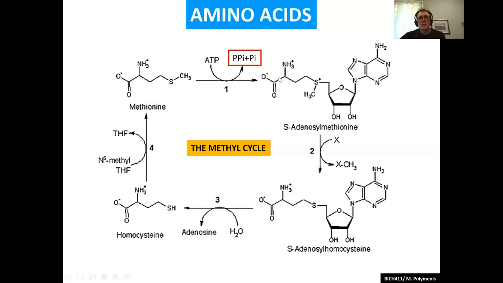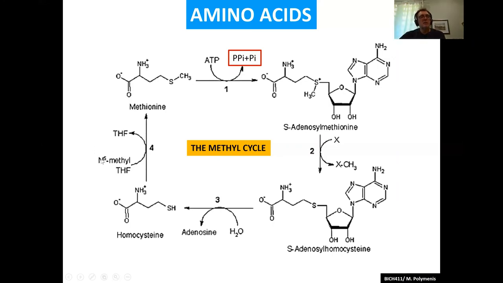But this part, the S-adenosyl methionine, is now the universal donor, can now transfer this methyl group onto a variety of substrates. It could be proteins, it could be other things, it could be DNA, and X, that's the X. And what you generate in the end is S-adenosyl homocysteine. So it's really homocysteine plus the adenosine part. And you can hydrolyze this and regenerate homocysteine and keep doing this over and over and over again, right?